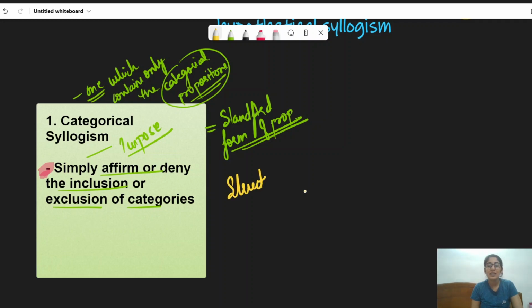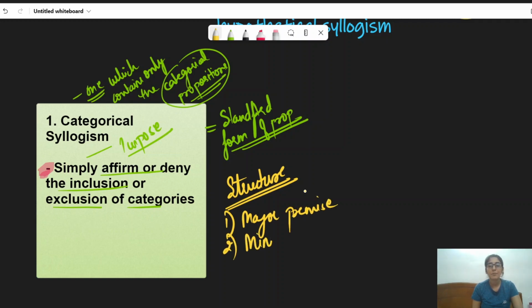So let's understand the structure. The structure of a categorical syllogism is, the first is going to be a major premise, the second is going to be a minor premise, and the third is going to be what? The third is going to be the conclusion, right?